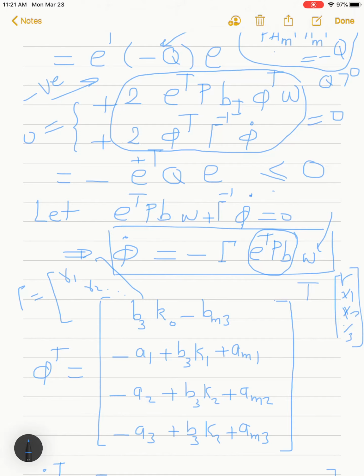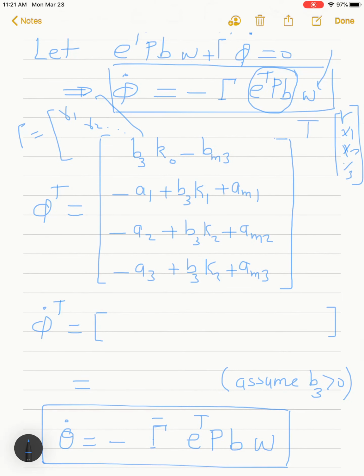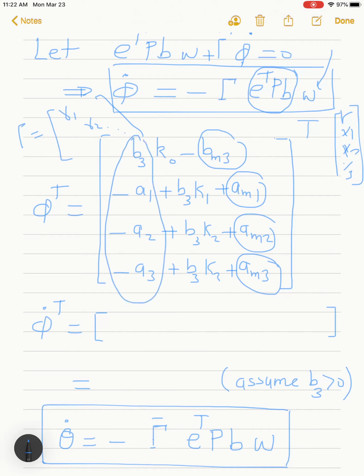Now let's look at the derivative of phi. This is the definition of phi as we have mentioned before, and I'm assuming here, of course, that the parameters of the reference model are constants, and we are assuming that the parameters of the plant, the unknown parameters, are constants or varying very slowly with respect to the adaptive system. So when I take the derivative of phi, I would assume them as constants.